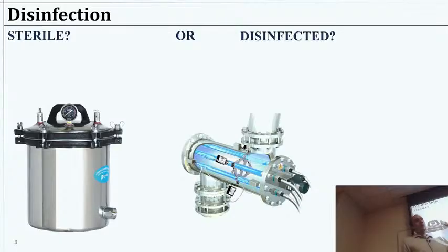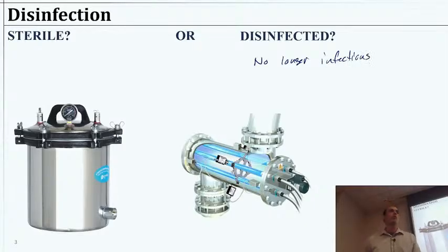Disinfected would mean nothing that could cause an infection. Whatever's in the water is not able to cause an infection. So we've reduced the number of any human pathogens to the point where it is no longer infectious. Whereas sterile refers to, let me just write this, no longer infectious.